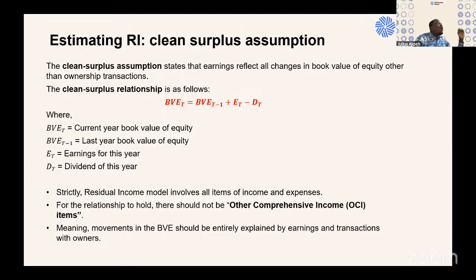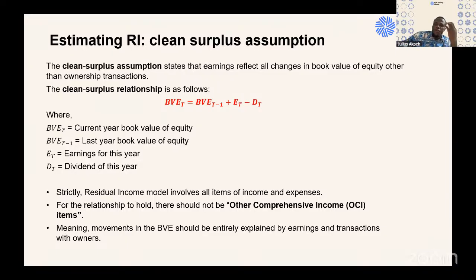The other items in other comprehensive income, like revaluation gains and losses, fair value gains and losses on items classified as other comprehensive income, and foreign exchange translation gains and losses on foreign subsidiaries, also get into the equity section of the balance sheet, but they flow into other items, and we'll see them soon. You see them flowing into items like fair value reserve, other reserves, and those kinds of things.